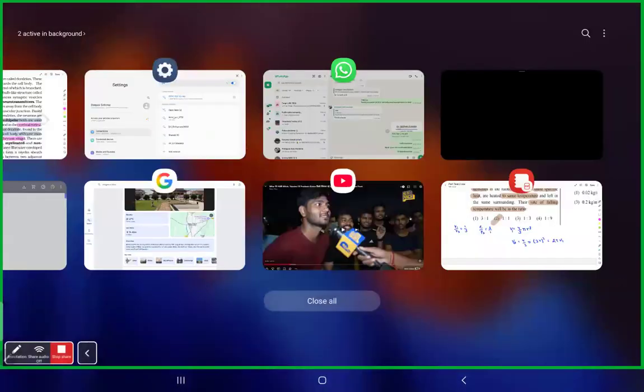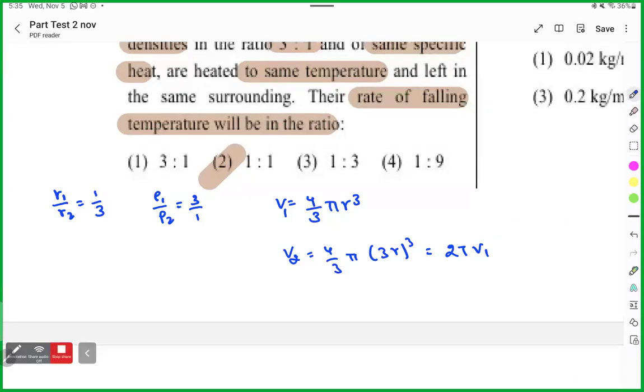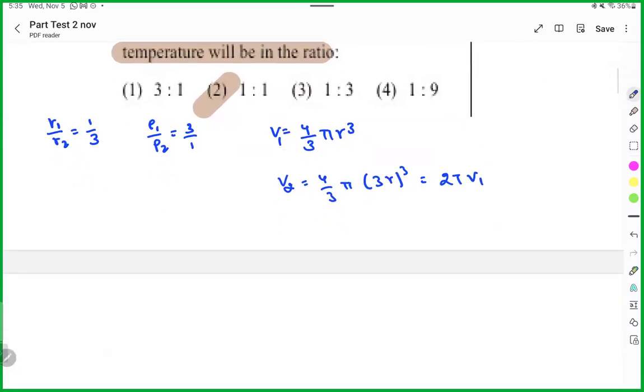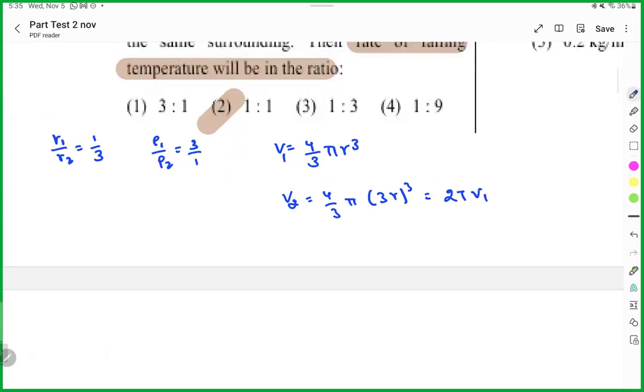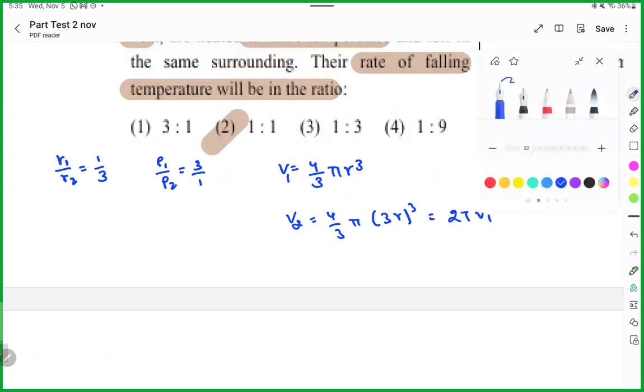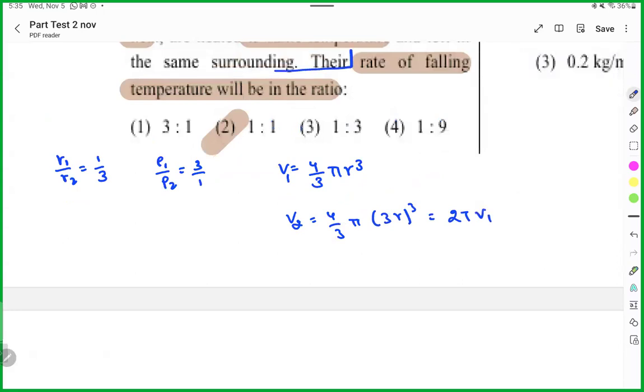Hello guys, am I audible? Yes, sir. Got it. You will ask, sir, why are you doing this? Tell me what exactly we are supposed to do. The answer is we are supposed to apply Newton's law of cooling.